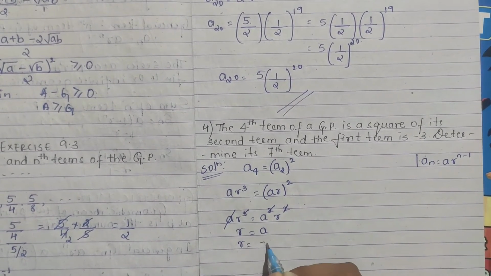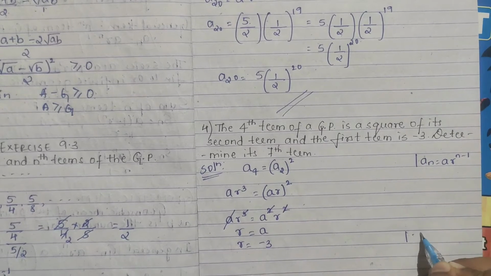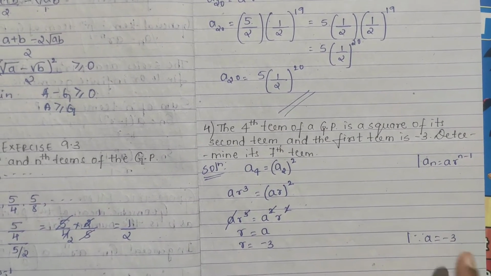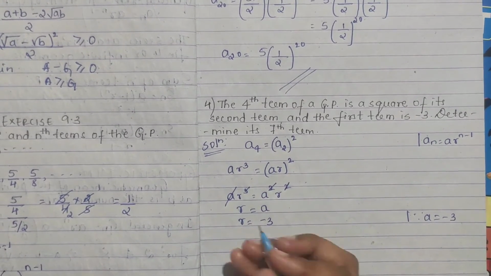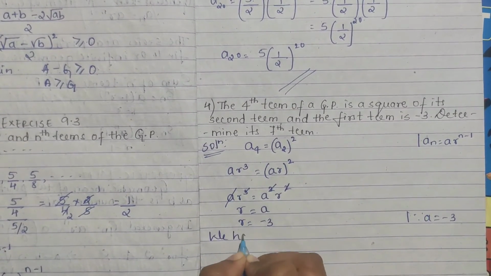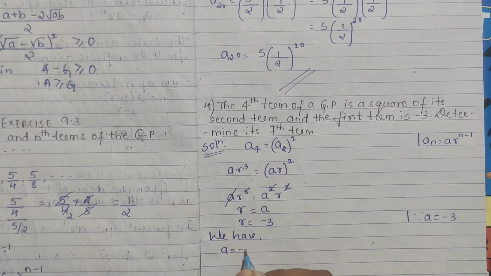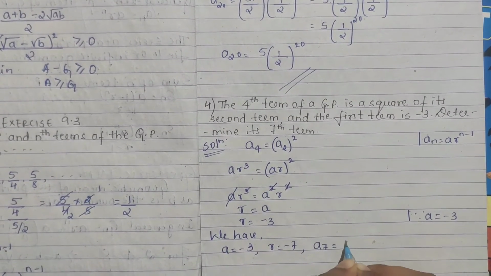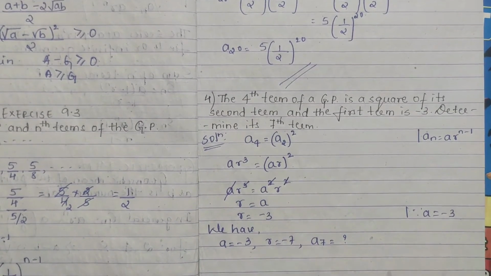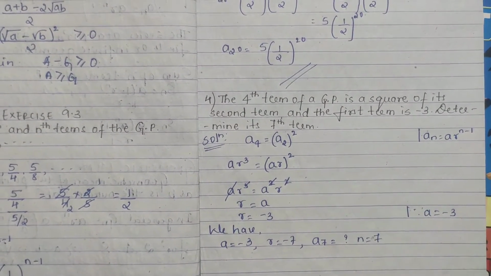So R is equal to -3 because your A is equal to -3, right? So R also will be technically -3. So therefore we have A is equal to -3, R is equal to -3, to find out A7, and even here n is equal to 7.